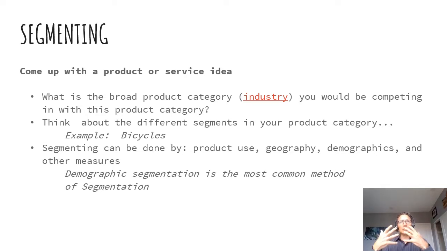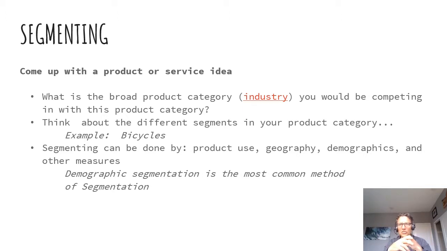A lot of people use them, and there's a lot of different segments. Now, our natural inclination when we start thinking of what's the broad product category? Bicycles. And what are all the different segments? So we'd say, well, there's kids bikes, there's mountain bikes, there's road bikes like triathlete bikes. In other parts of the world, there's just regular commuter bikes because that's how people get around to work.